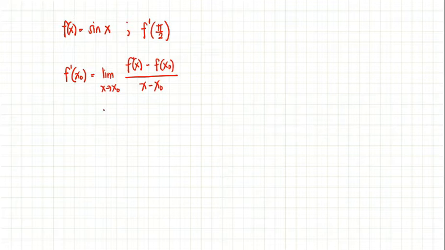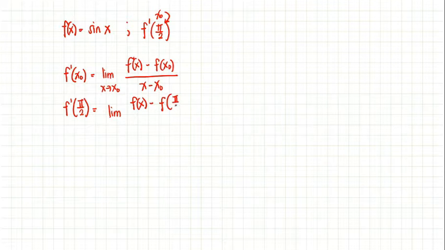Now, substituting our x sub o equal to pi over 2, we will now have f prime of pi over 2 is equal to the limit of f of x minus f of pi over 2 all over x minus pi over 2 as x approaches pi over 2.